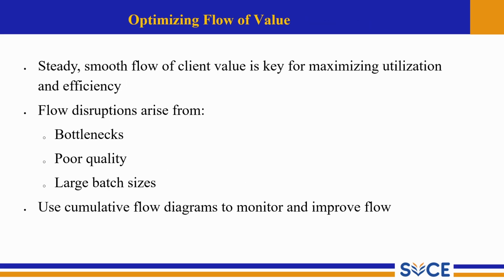Next, we will see optimizing the flow of value. A steady, smooth flow of client value is key for maximizing utilization and efficiency. Flow disruption arises from bottlenecks, poor quality, and large batch sizes.